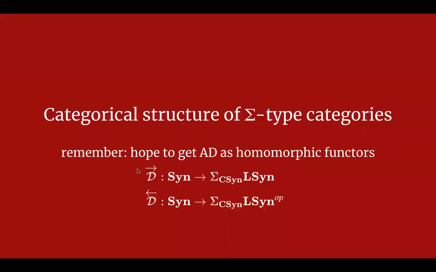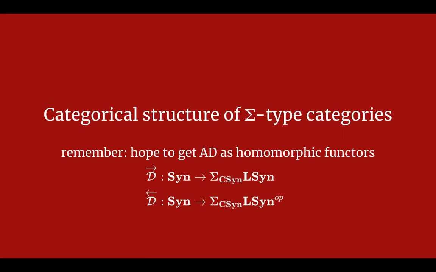Right, so the point was automatic differentiation forward mode was going to be a functor from the source language, which is just a simply typed lambda calculus, to a sort of sigma type category that you formed out of the target language, so the language that the programs that we have differentiated will land in, where we take a sigma type of the linear fragment of the language over the Cartesian fragment. So that sort of means that automatic differentiation is going to produce programs that have both a Cartesian component, which is the computation that calculates just the function values.